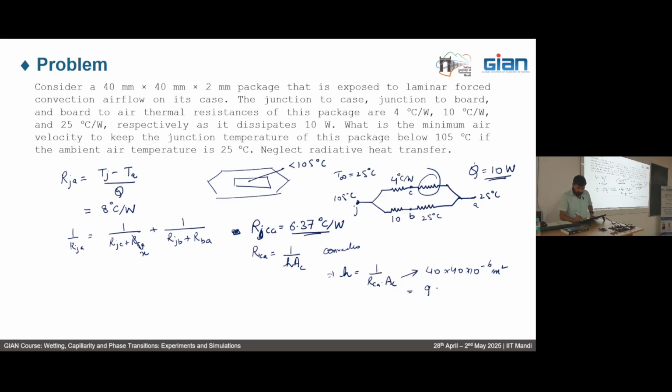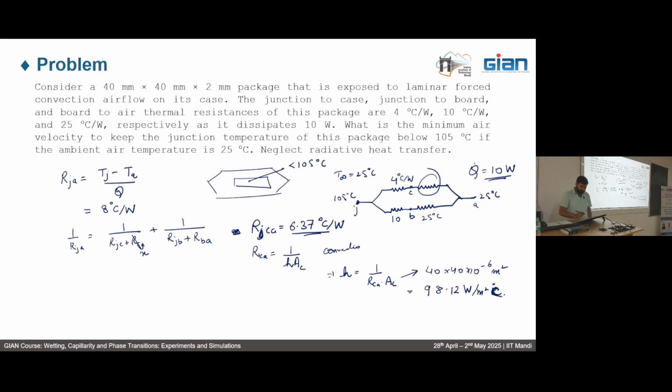well, what I've written is 98.12 watt per meter square Kelvin or degree Celsius, right? So at least this much heat transfer coefficient is required so as to maintain the junction at 105 degree centigrade.